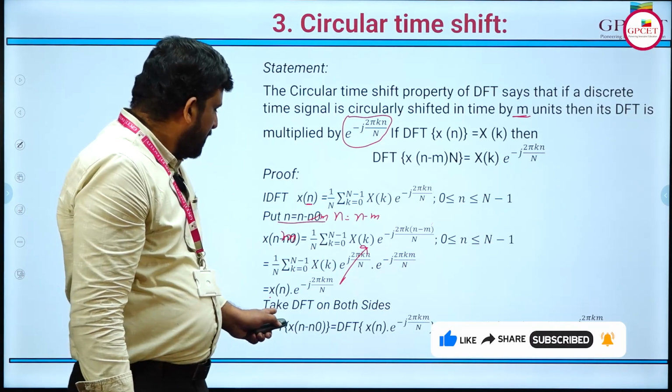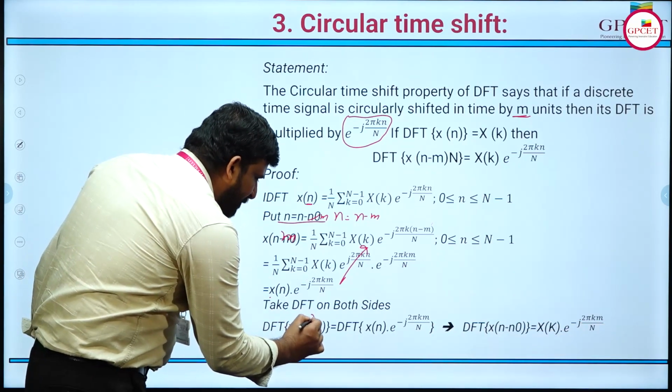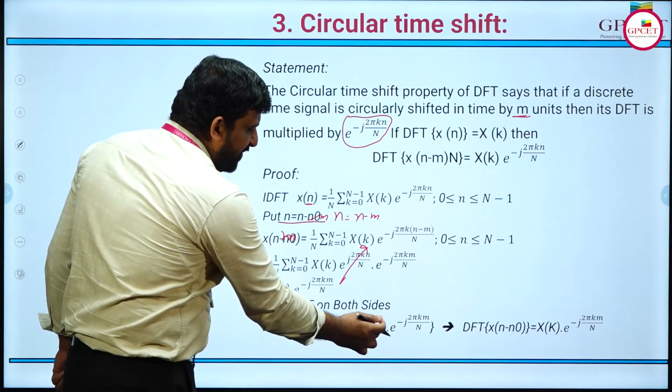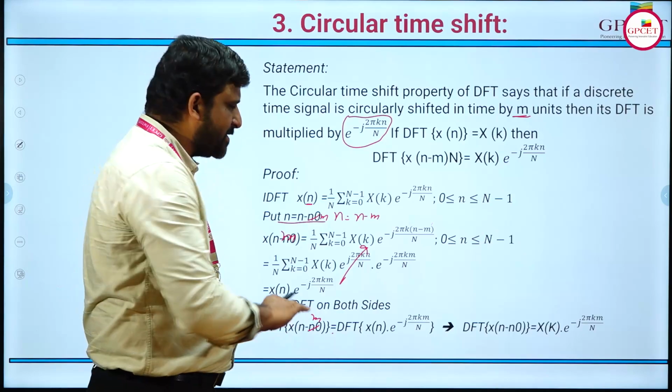So I am taking DFT on both sides. So DFT of x of n minus m is equal to DFT of x of n into e power minus j 2 pi k m by N. I am taking the discrete Fourier transform on both sides.